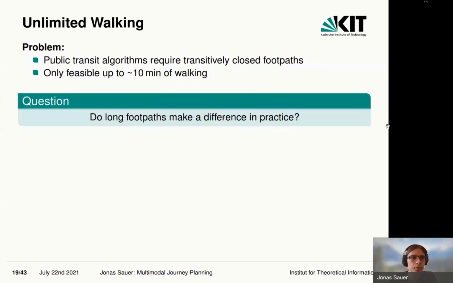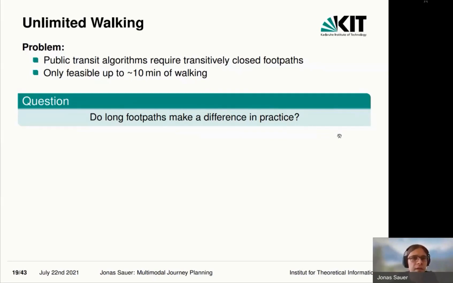So the question we want to ask ourselves is, do long footpaths even make a difference in practice? Because many people who come from the more practical side, the people who build these kind of routing applications, usually say, well, that's all fine and good, but we don't really want long footpaths because, for one thing, the users don't want to use them, and for another thing, they don't actually lead to faster journeys in practice.